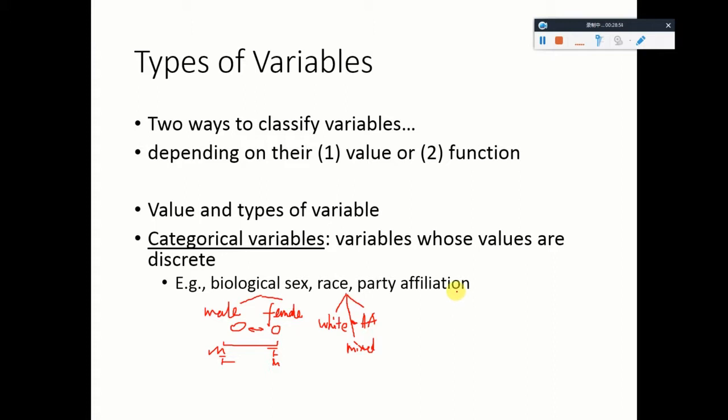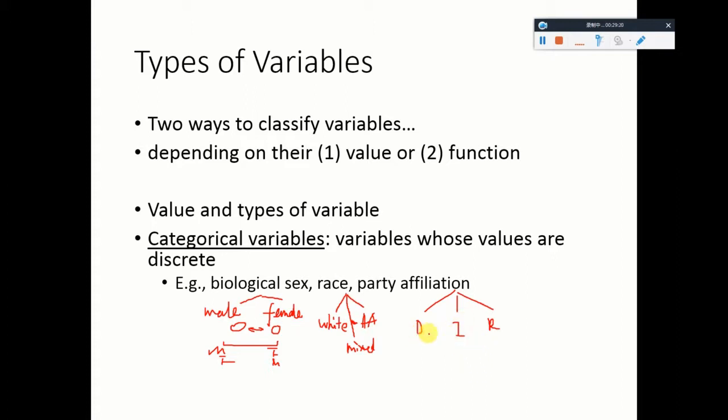Lastly, you can easily reason through our last example, party affiliation. You're either Democrat or Republican, or in some cases independent. On most issues, Democrats disagree with Republicans, with independents in the middle, the middle of the roaders.